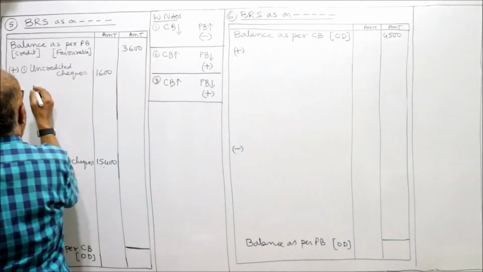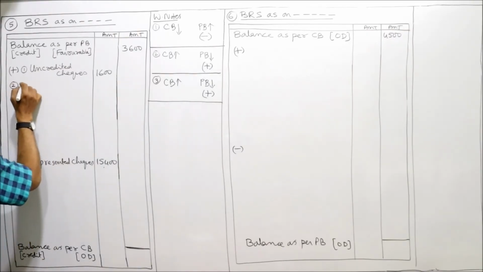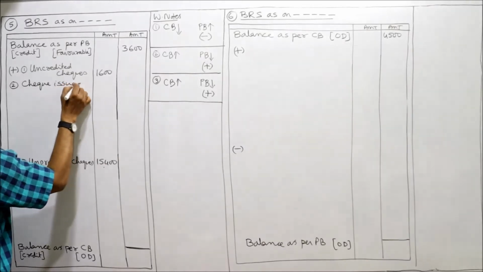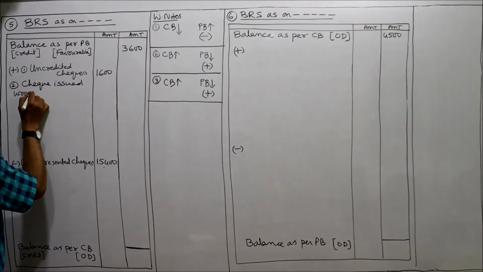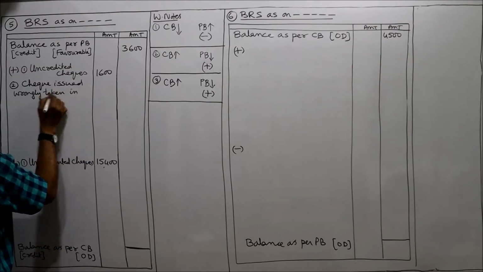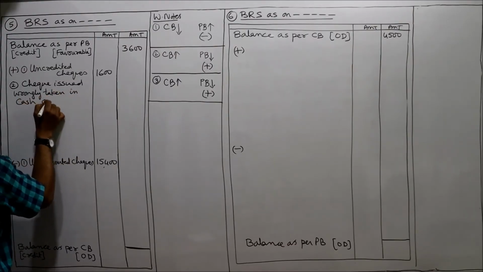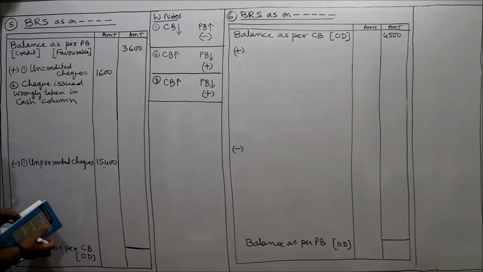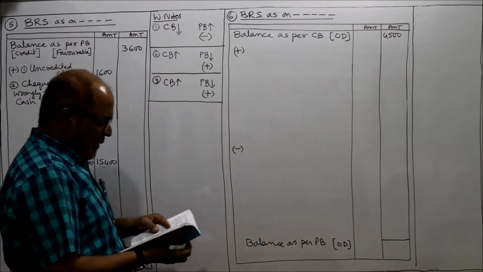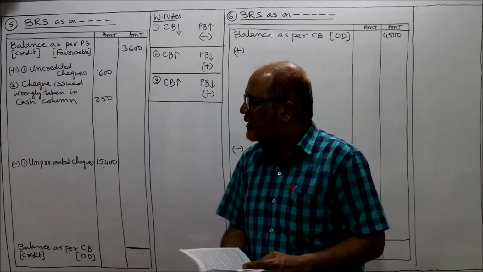So in addition items, second, check issued wrongly taken in cash column. The amount is 250. That's all.